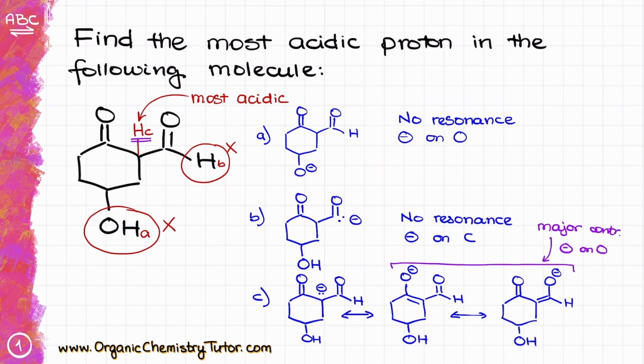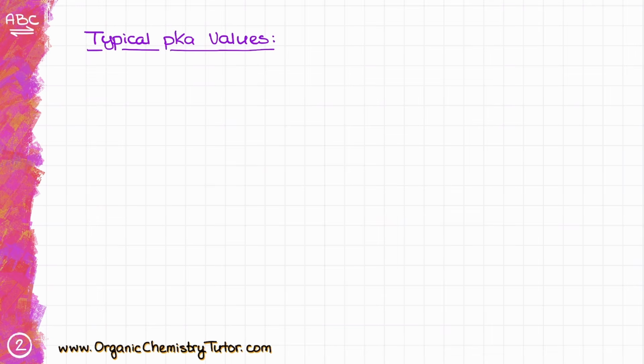So identifying the functional groups and knowing the acidity of your functional groups is usually a better choice here. And I know that you hate hearing something like that, but it is a good idea to memorize the typical pKa values for different functional groups.